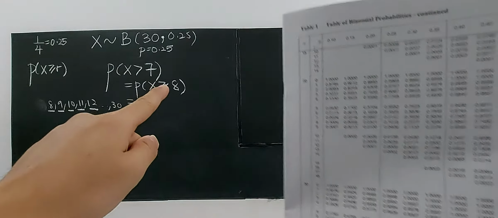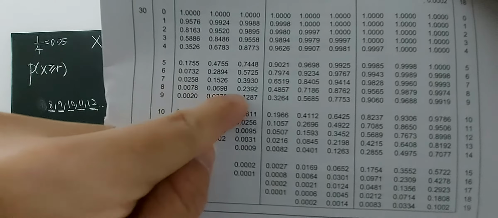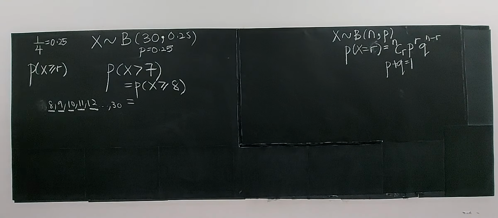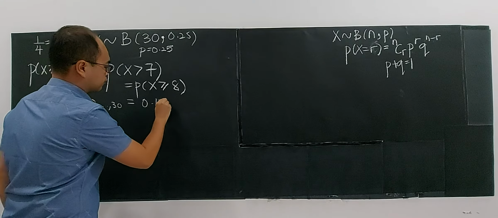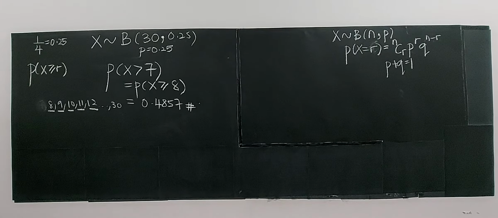Find the value of 8, which corresponds to 0.4857. This will be your answer. This is the probability of getting more than 7 correct.